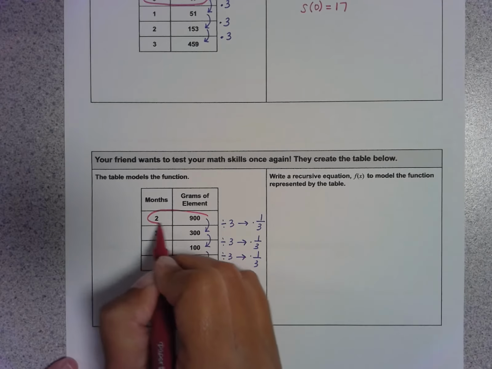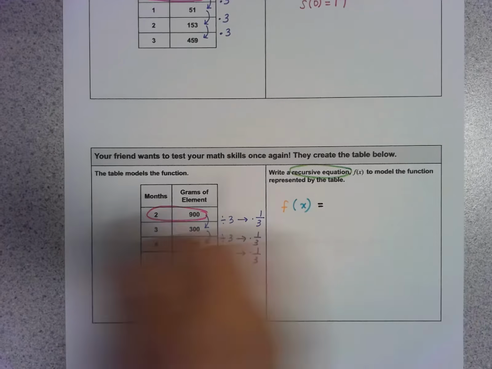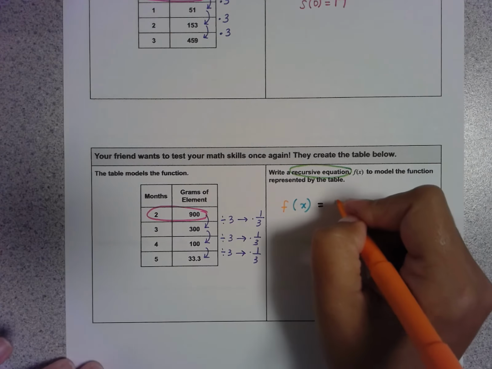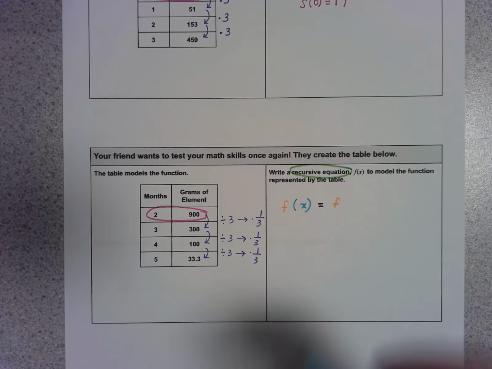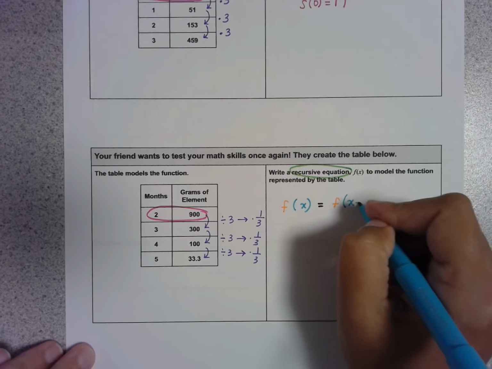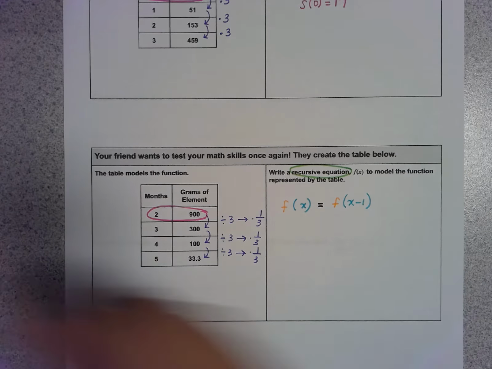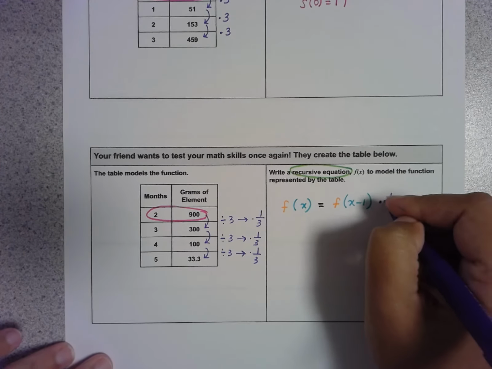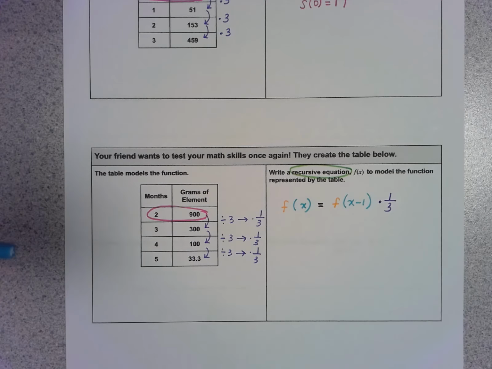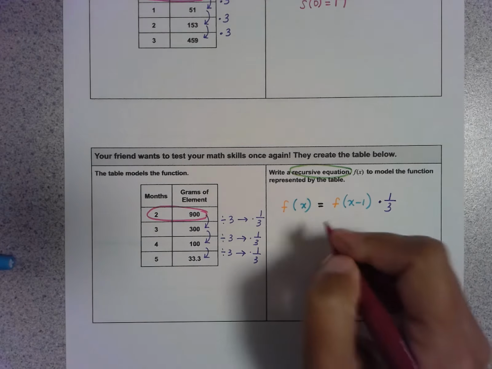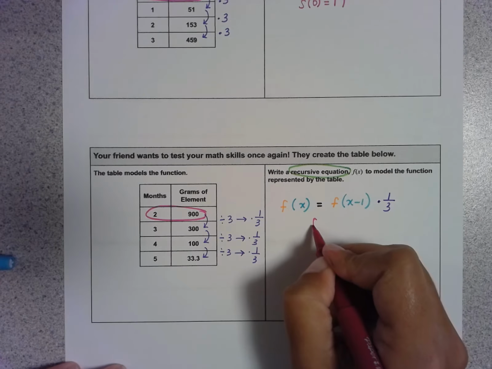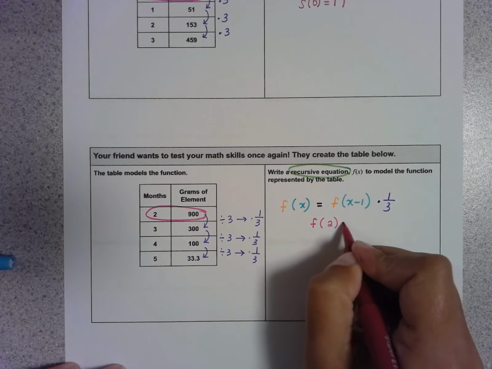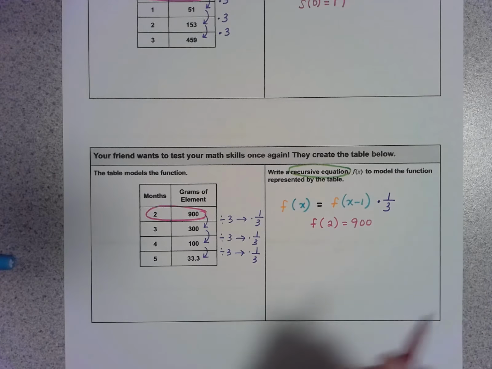So I would say f of x, my current output, is equal to my previous output, so f of x minus 1, and the pattern is times 1/3. Now I also need to specify my starting value for a recursive equation, so I would say f of 2 equals 900. And I'm done.